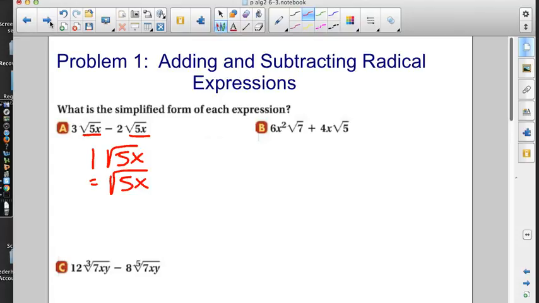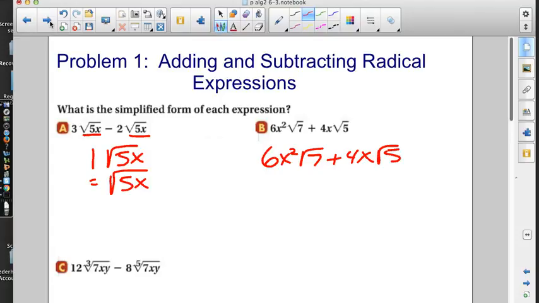Take a look at B. Are they in simplified form? Nothing else we can do to them, right? Can we add those two together? Why not? What's wrong with them? Different radicands. Yeah, they're not like radicals. They have different radicands. So what's the simplified form? You're seeing it right now. That's the simplified form.